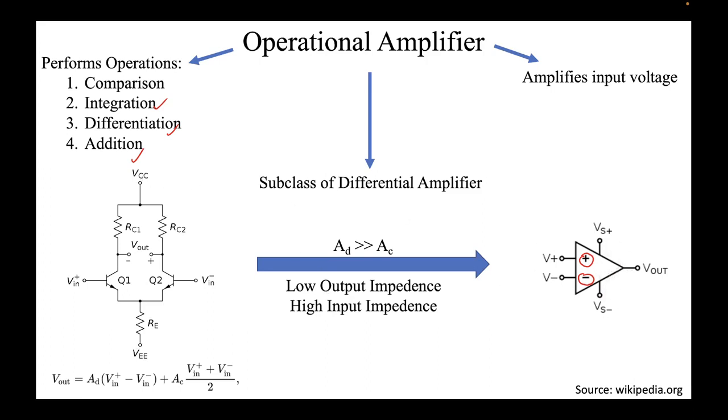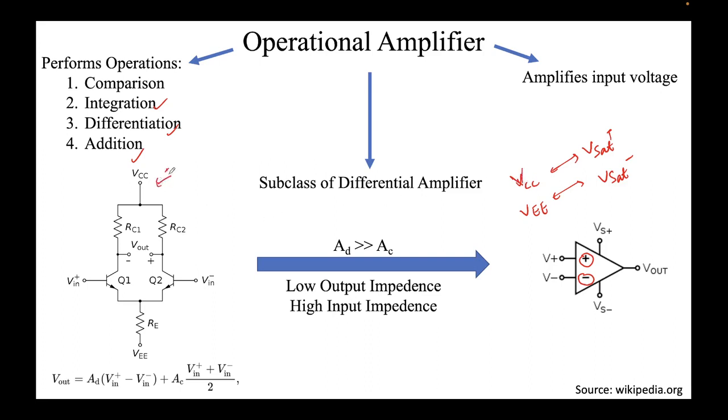So this VCC is this Vs plus here, so I can write that VCC corresponds to VSAT plus and VEE corresponds to VSAT minus. These are important. Without these, your circuit will not be driven. And these are the maximum voltages that can be provided in your circuit.